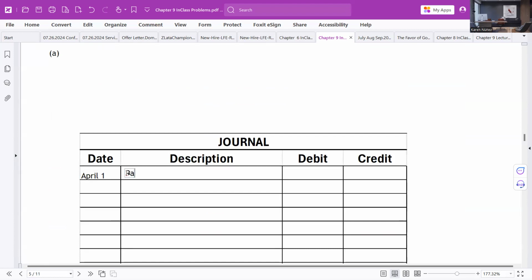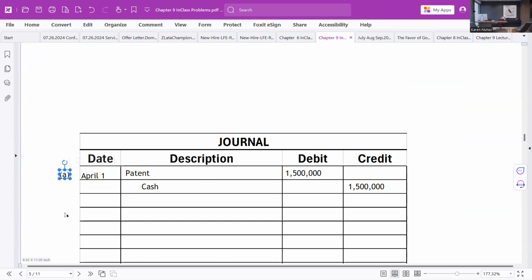Debit the asset for $1.5 million. That's the cost of the patent. And of course, the payment, cash, $1.5 million. So that's A.